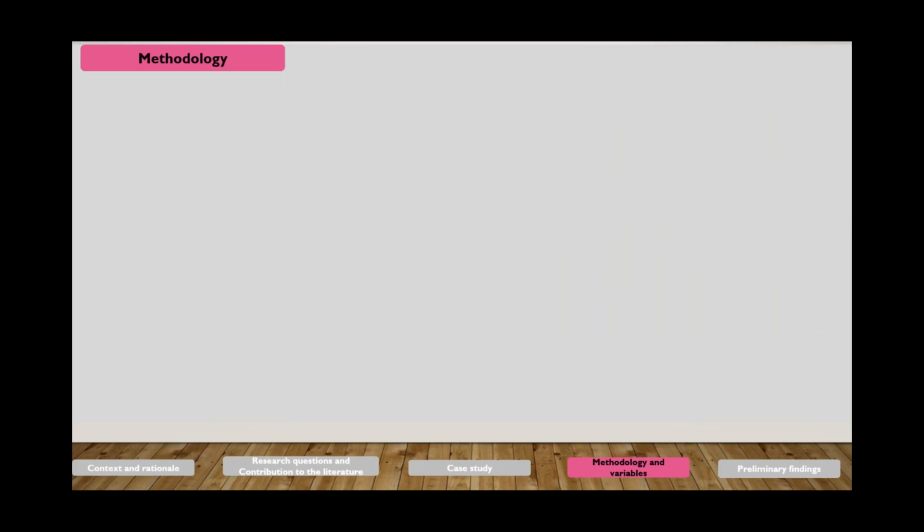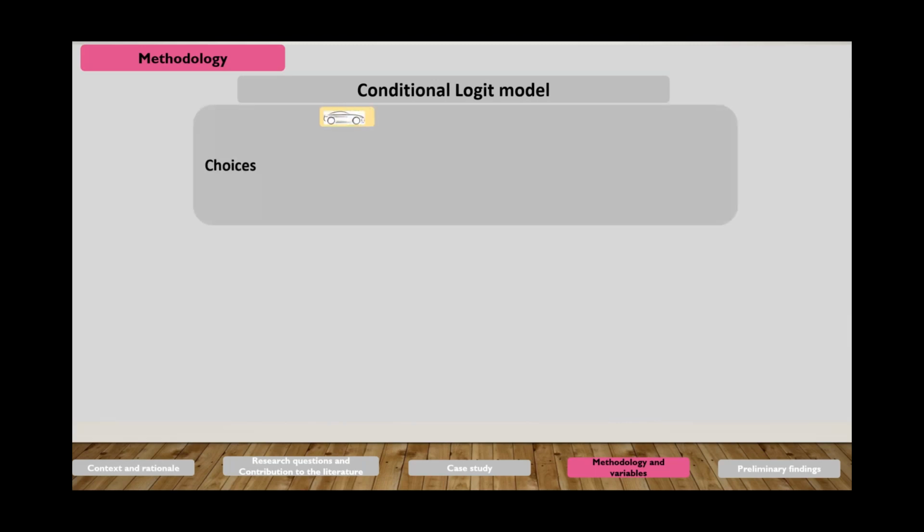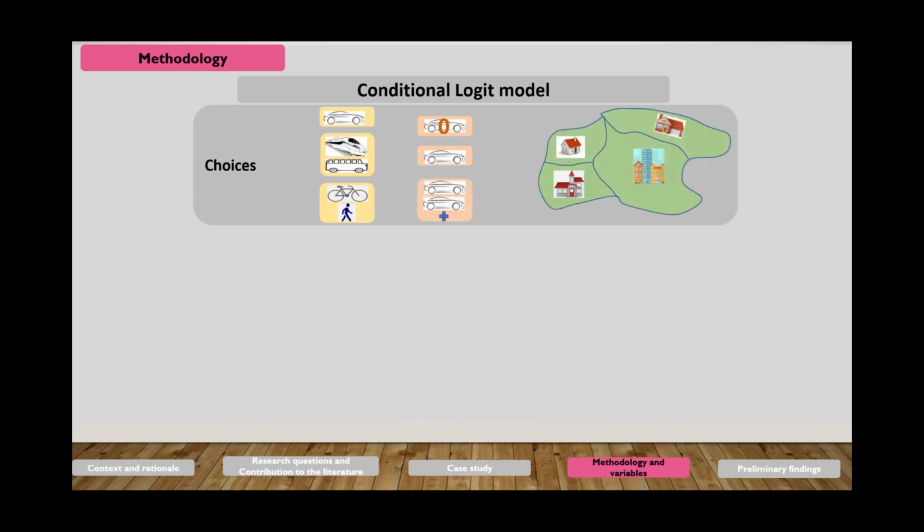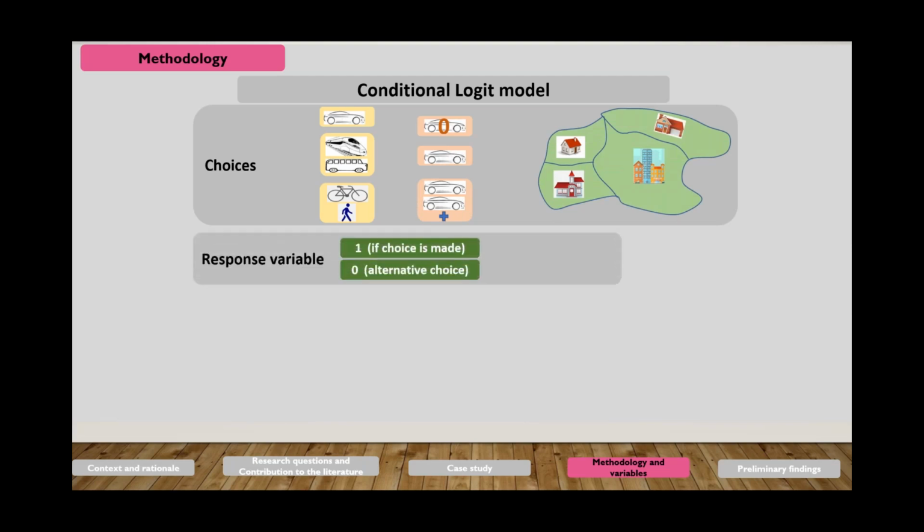To estimate the impact of parking, I use a conditional logit model. In this model, the dependent variable is the choices of commuters. They can have choices of commute mode, choices of car ownership, and residential location choices. The dependent variable takes the value 1 if the choice is observed in the data and 0 otherwise.